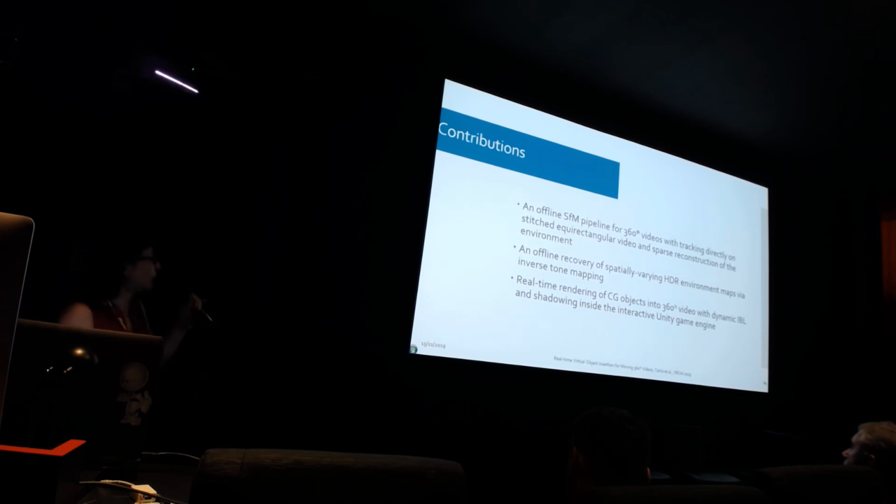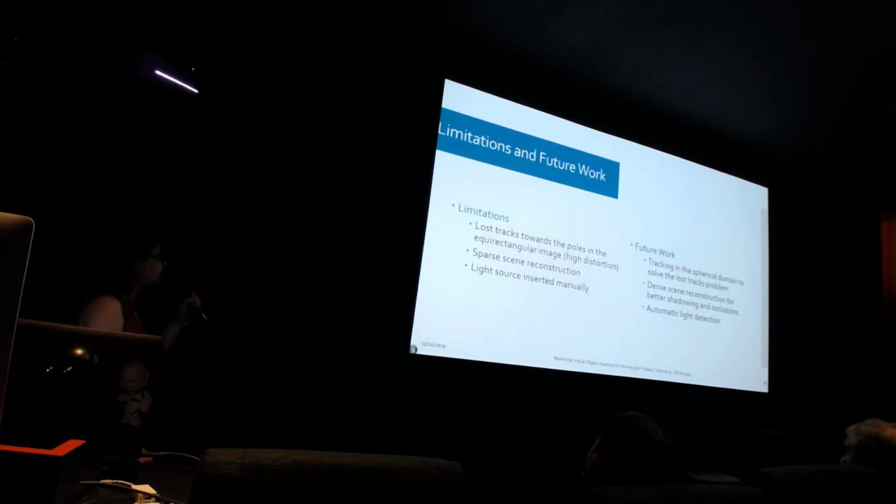The recovery of spatially varying HDR environment maps for reflections, which we did via inverse tone mapping, and real-time rendering of computer-generated objects into 360 video inside the game engine with dynamic lighting and shadowing and user interaction.